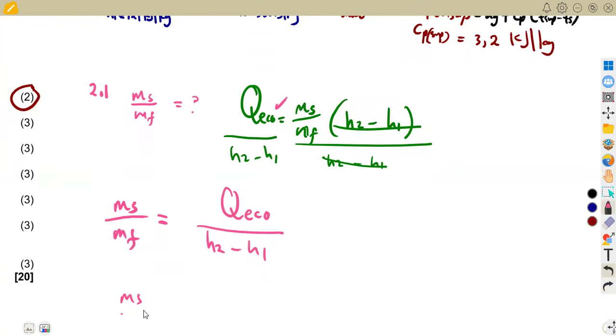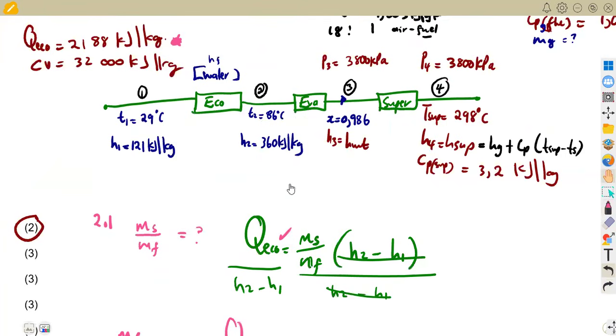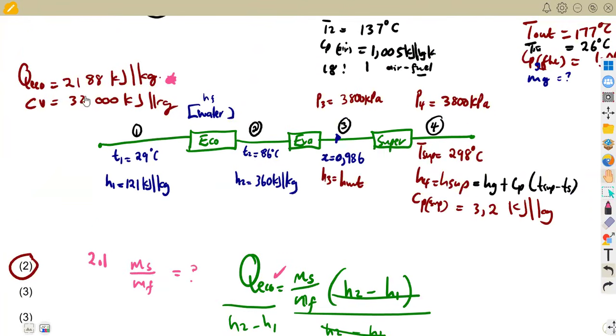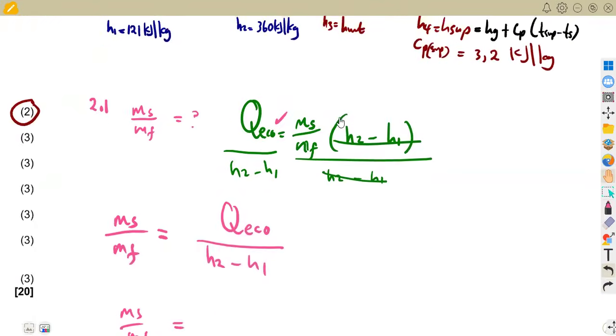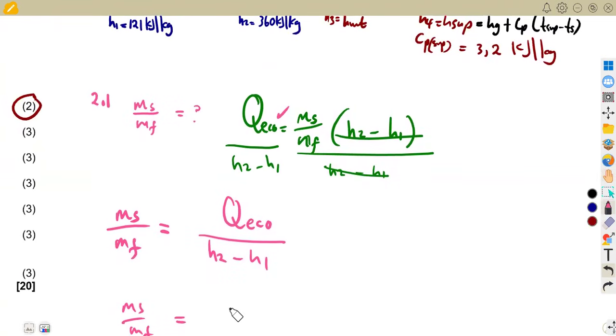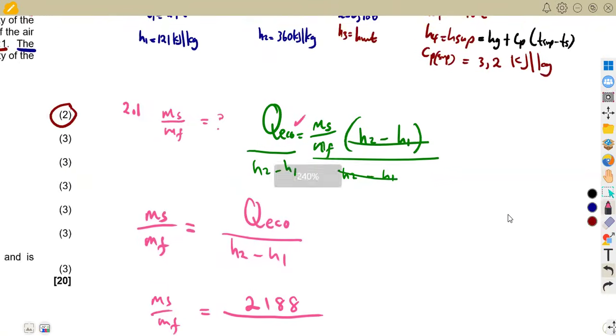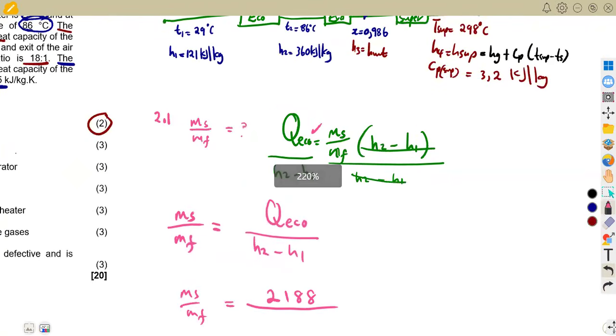So the mass of steam to the mass of fuel is going to be given as Q economizer over the enthalpy difference across the economizer. What do we have? This is 2,188. We're simply substituting our values: 2,188 over H2 minus H1. We are substituting our enthalpies H2 and H1. Remember, from our steam table, we got these values before.